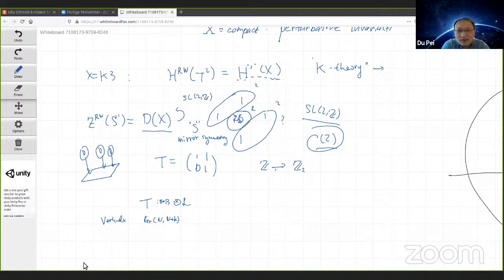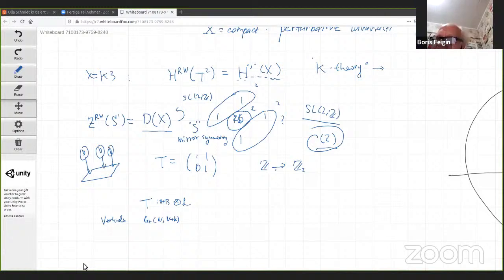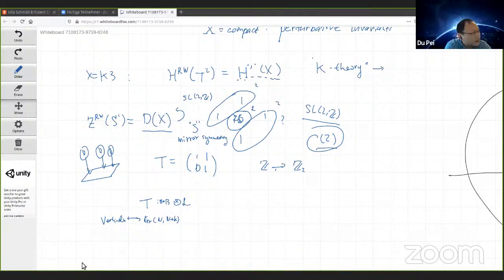Is that the question? Yes. I'm not sure that in this case, yeah, in principle, I think there should be a way. I cannot recall exactly what happens.